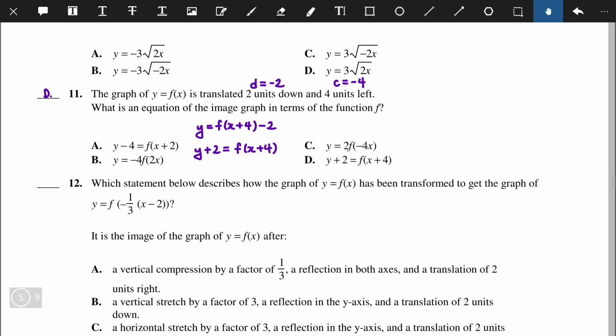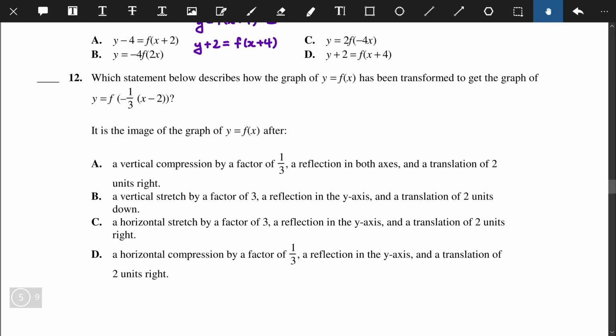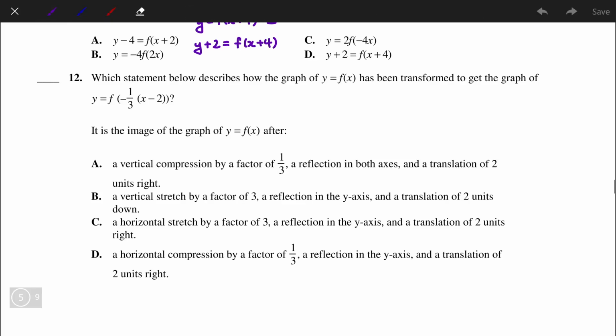Okay, number 12. Which statement below describes the graph f of x that has been transformed to get the graph of y equals f of negative 1/3 times x minus 2? All right. So let's look at each individual part. Do we have a negative sign in front of the 1/3?